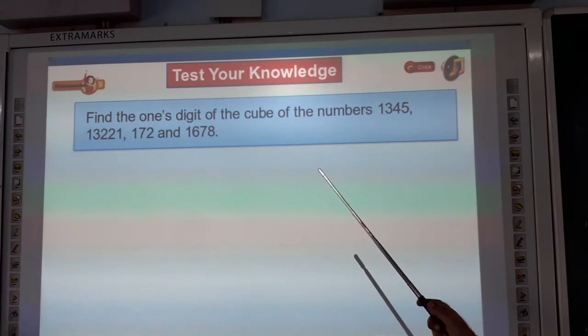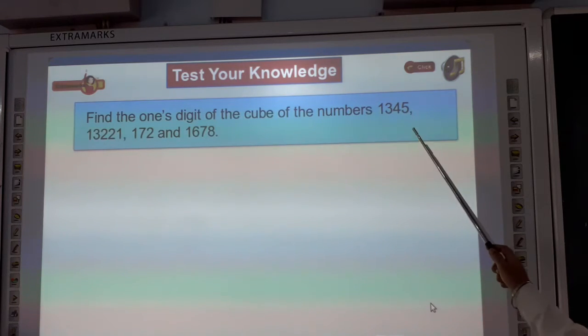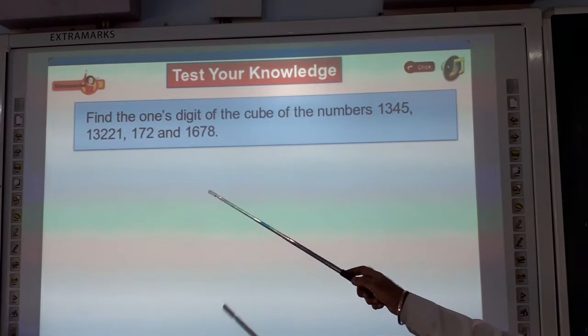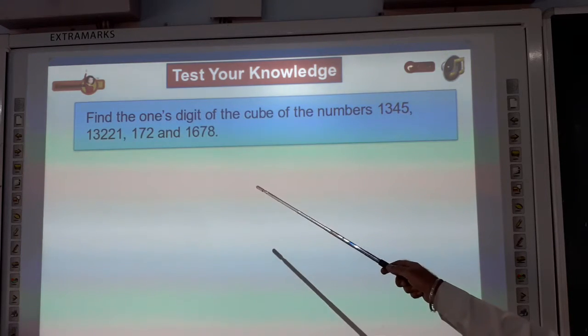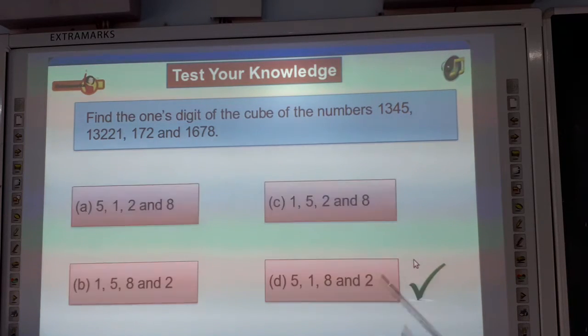Find the ones digit of the cube of numbers 1, 3, 4, 5. For 5 we have 5, same. For 1 also the same. For 2 we have 8. And for 8 we have 2. Let us see the answer. For 5, 1, 2 and 8.